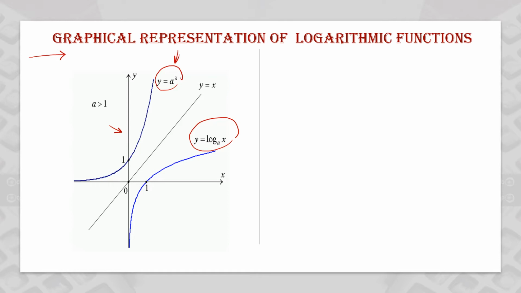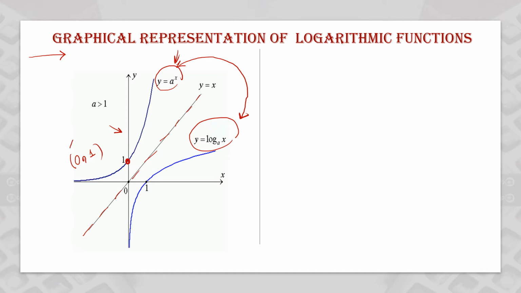And now we all know that the exponential functions and the logarithmic functions are the inverse of each other. So you can see that this mirror line or this symmetrical line shows that they are the reflection of each other. Now the second thing is, you can see that the exponential function passes through 0 and 1, the point 0 and 1.